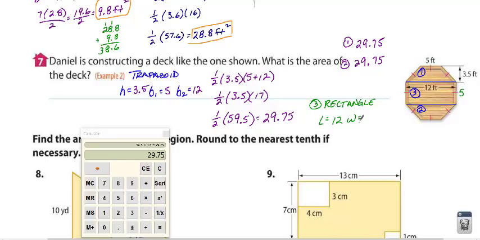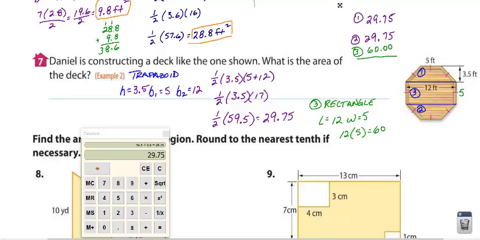So this is also 5 feet. So I have 12 times 5. That gives me 60 for the rectangle portion.